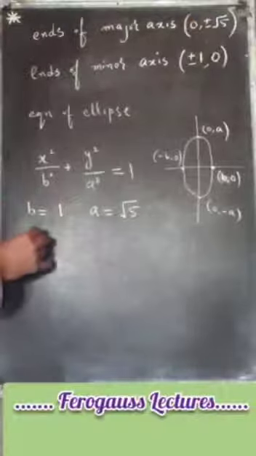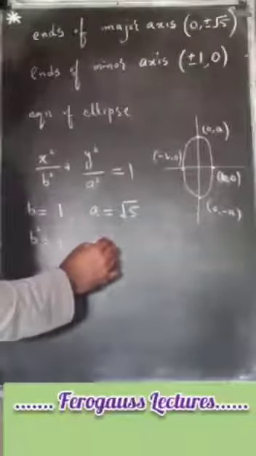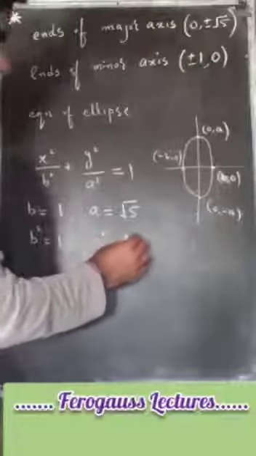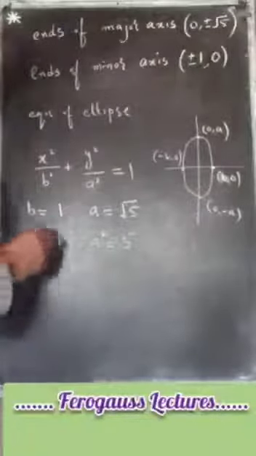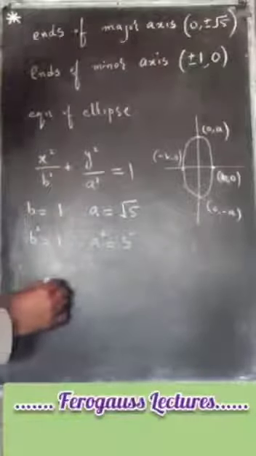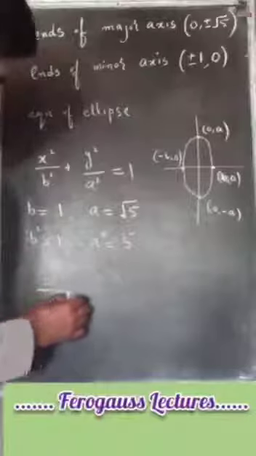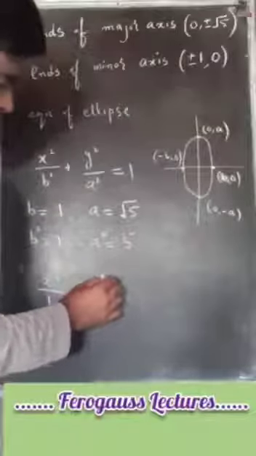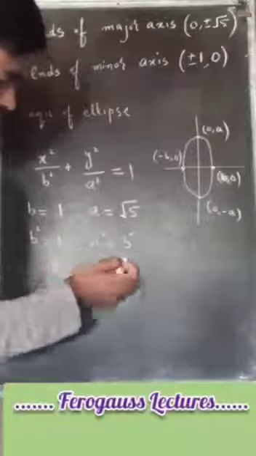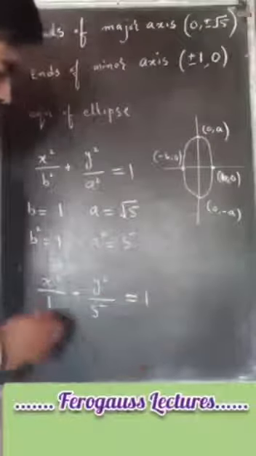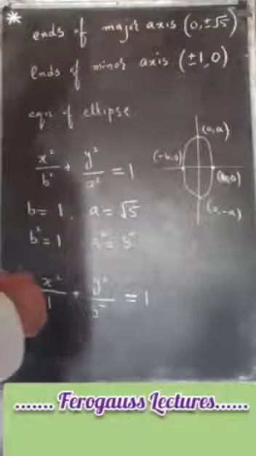So that means b square is equal to 1 and a square is equal to 5. Therefore, equation of ellipse can be written as x square by b square, that is 1, plus y square divided by 5, a square is 5, equal to 1. So that is the equation of ellipse. This completes the question.